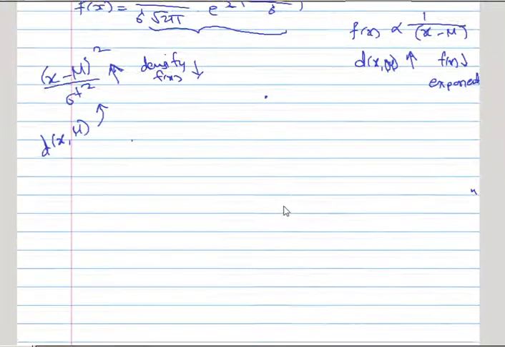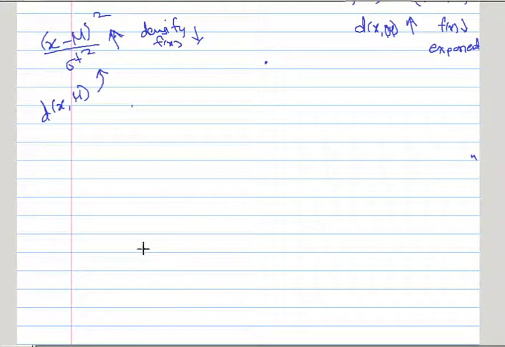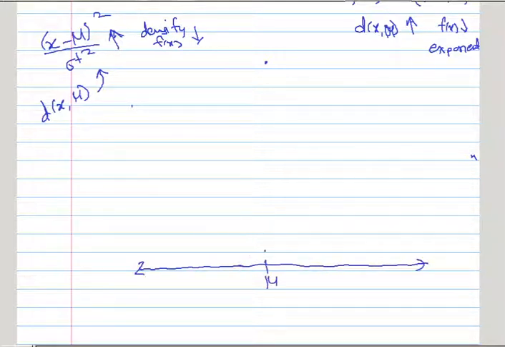So suppose on this x-axis, this is the point mu. At this particular point mu, the highest density will be there, and as we move away from mu, we want densities to decrease, and that too in an exponential manner.